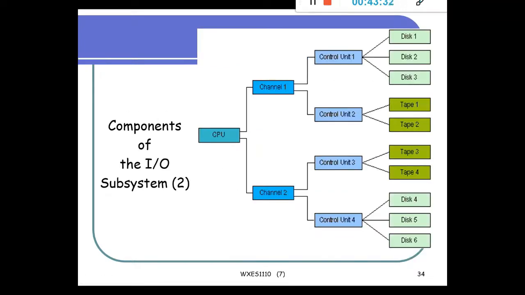If we convert it into the input output system in a computerized way, this is the CPU, just like the dispatcher, and this is channel 1 and channel 2, just like a bus or wire. Channel 1 manages control unit 1 and control unit 2, and channel 2 manages control unit 3 and control unit 4. Under the control units are different devices, like tape 1, tape 2, or different disks. This is a component of the input output system.